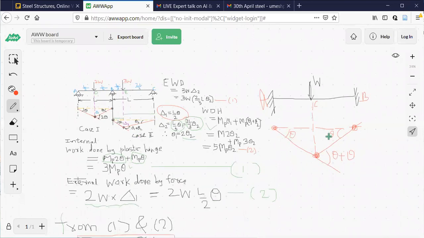Similarly, this is also theta, this is also theta. It is 2 theta. So MP into theta plus MP into 2 theta plus MP into theta equals W into delta C, or whatever you can call it. So W into delta C equal to MP theta, MP into 2 theta, one more MP into theta. So the problem of a fixed beam with central point load has become very simple.